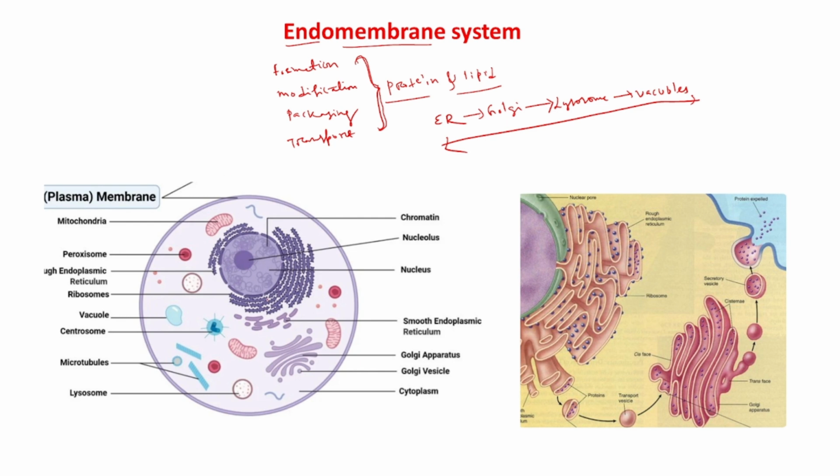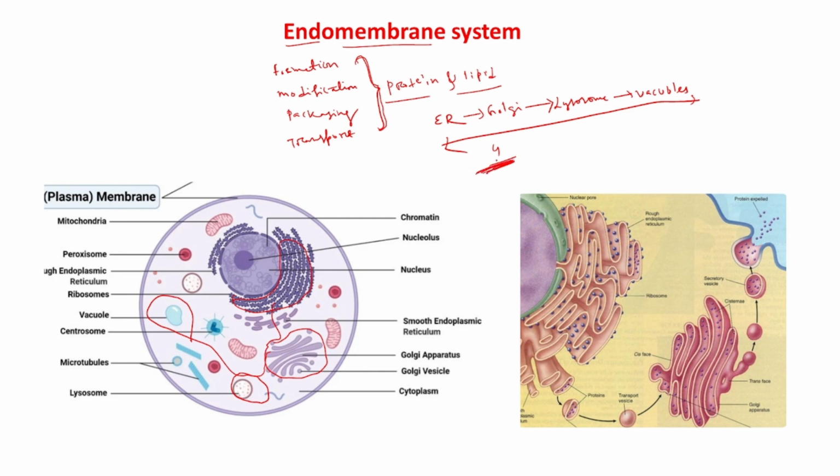This is the ER. After the ER comes the Golgi complex, then the lysosome, and then the vacuole. So these four organelles are responsible for protein and lipid formation, modification, packaging and transport. That's why the endomembrane system includes these four organelles.